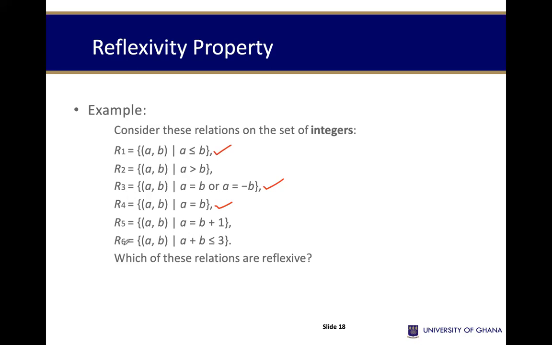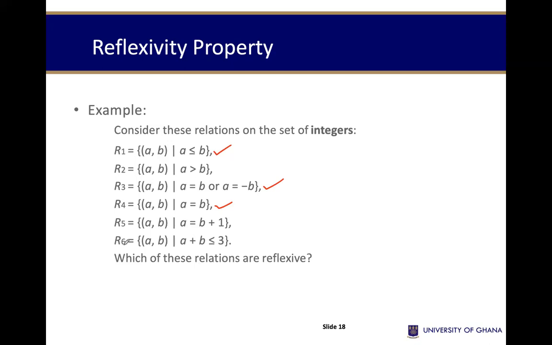So in this situation, I can never say that R6 is reflexive. Because I wasn't given a restriction. If I was given a restriction to only negative integers, then I'm good to go. But this one has no restriction. So I need to understand that A can be 2, B can be 2, A can be 3, B can be 3, A can be 4, B can be 4, all the way to positive infinity.